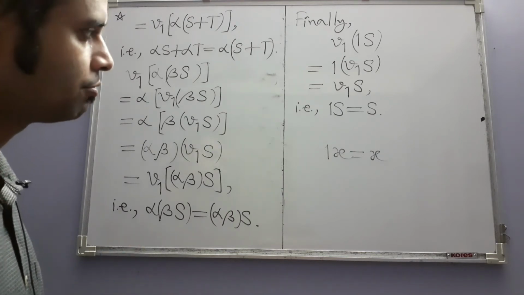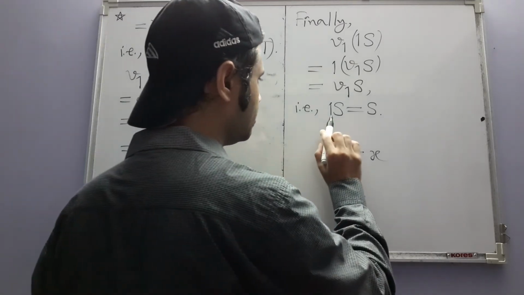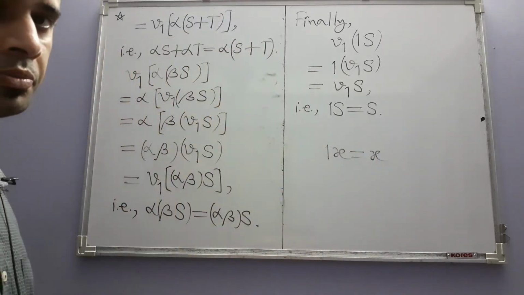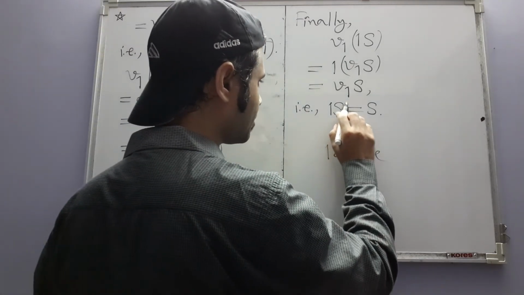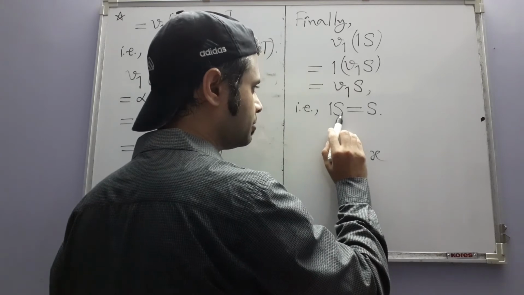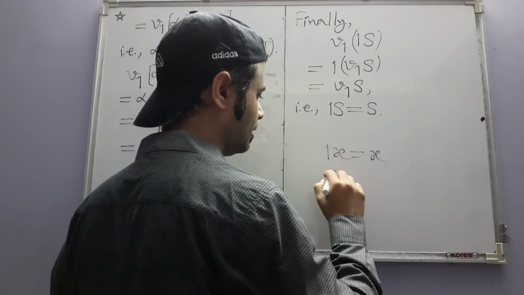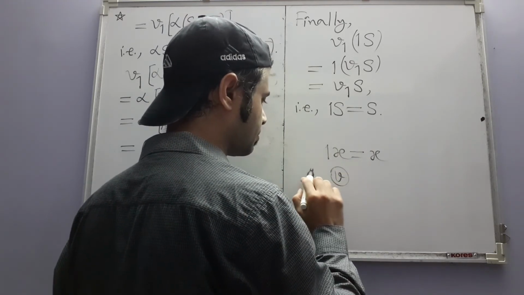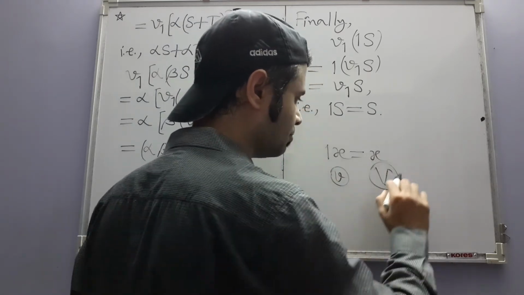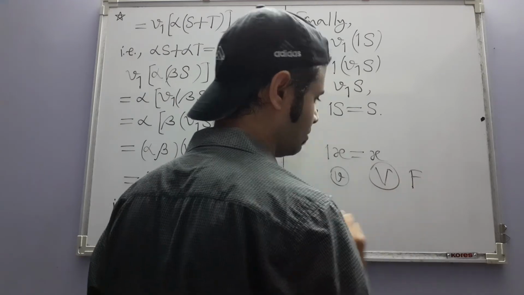It depends on the field, but still it behaves like ordinary 1 even in this situation also. I mean, the way we have defined scalar multiplication, we are considering this space, V is a vector space over F.